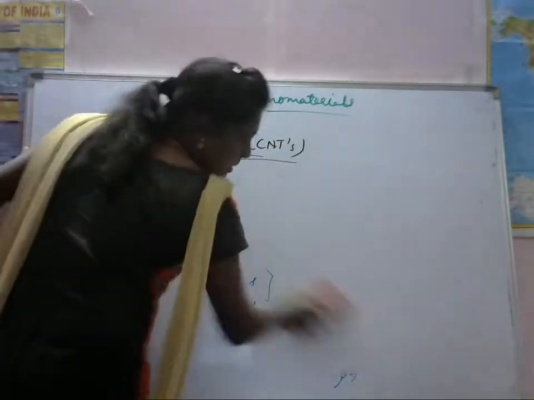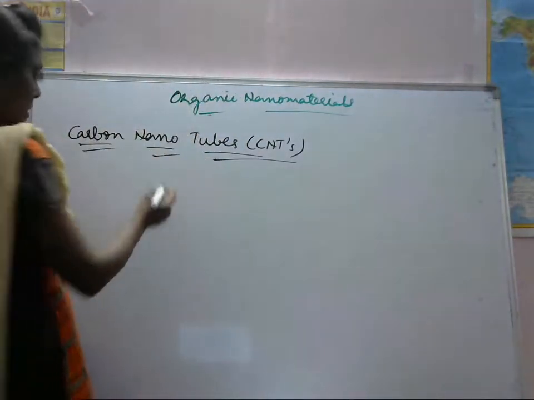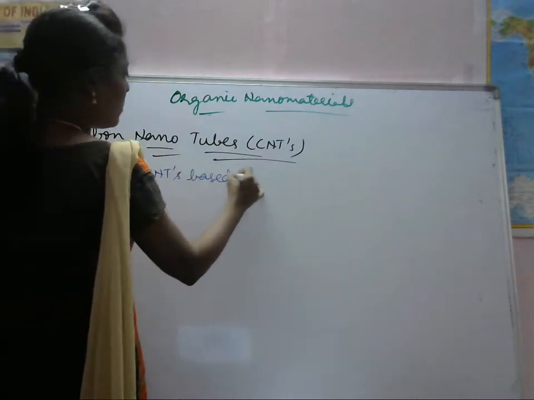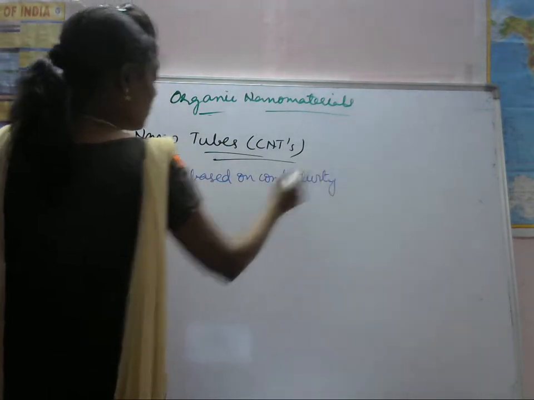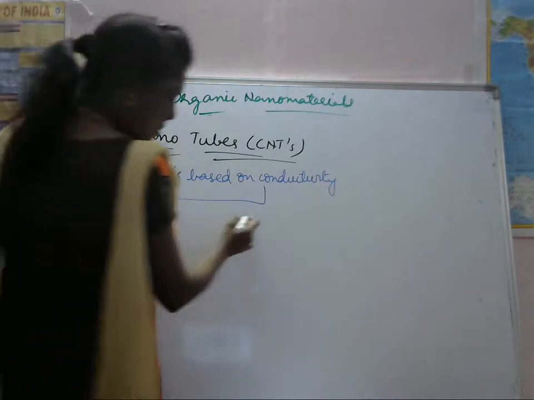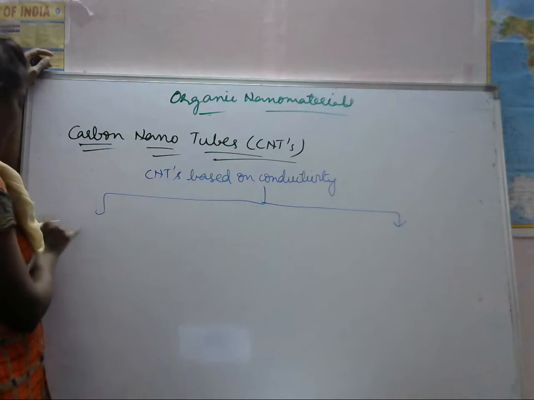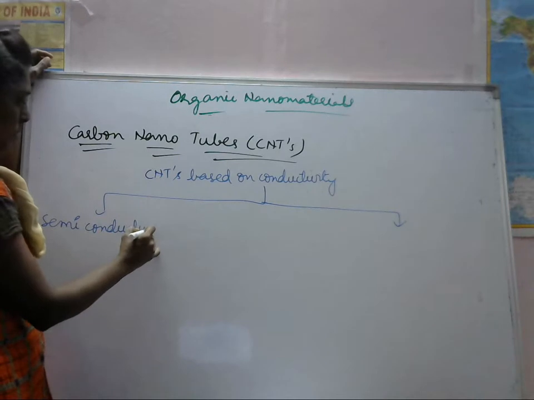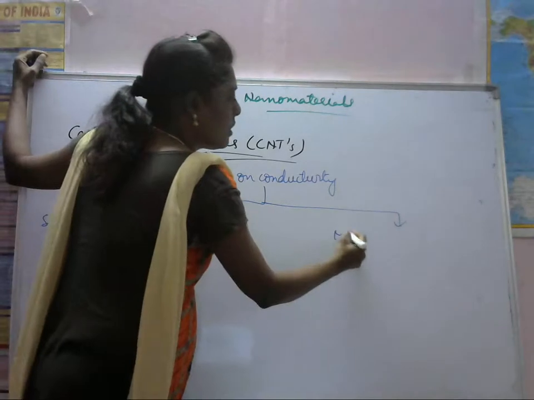Again, we have to simplify this classification. Okay, CNTs based on conductivities are classified into two types, which are semiconductivity and metallic conductivity.